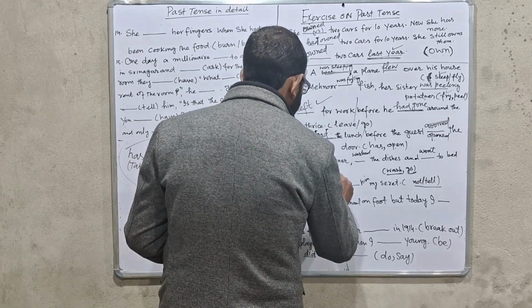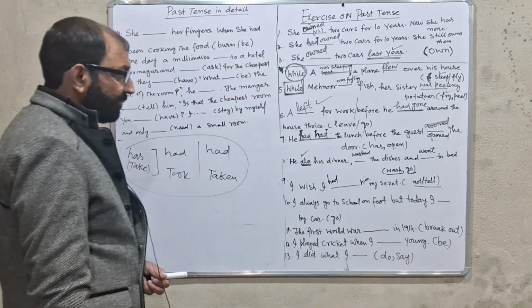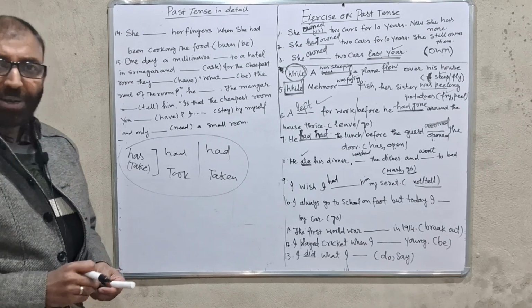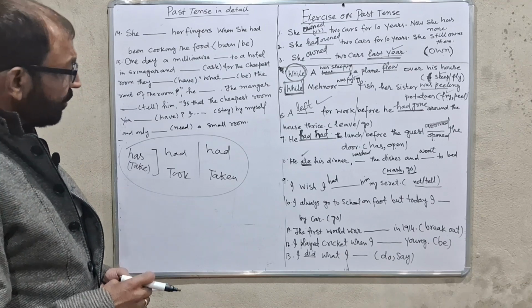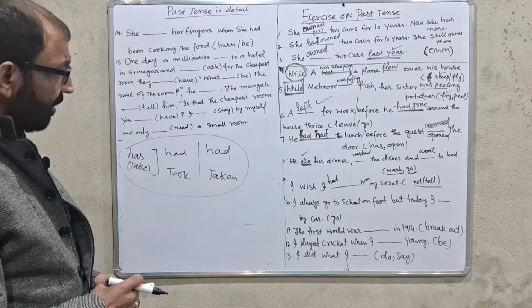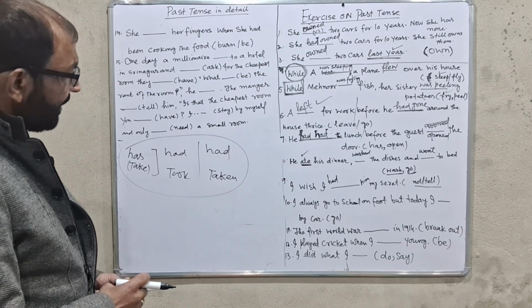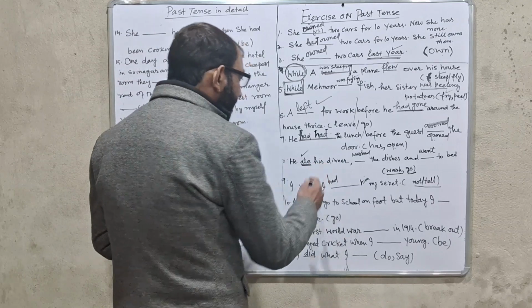Past perfect is made by adding had with all subjects. There is no restriction of subjects like in present perfect, where we have has and have. Has goes with he, she, it, or any other singular noun. Have goes with I, we, you, they, plus all plural nouns. Here had goes with every subject.